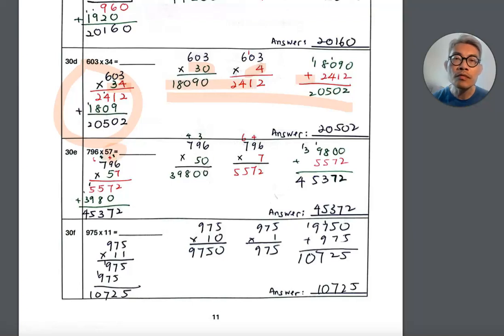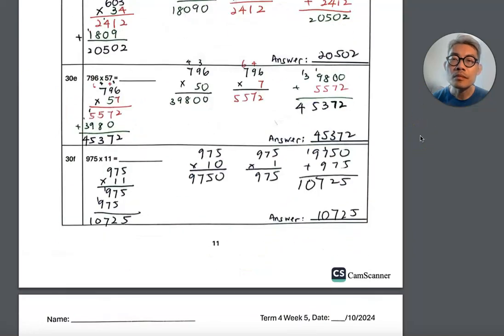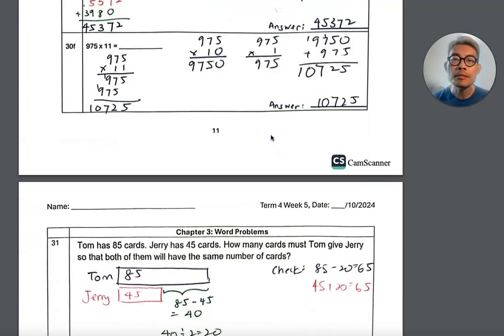Separate 57 into 50 and 7, multiply them, then add them together. Separate 11 into 10 and 1, multiply them and add them together. If you are in my group, remember, you got to show me the working that you have chosen. Either you have done this way or on the right hand side way.